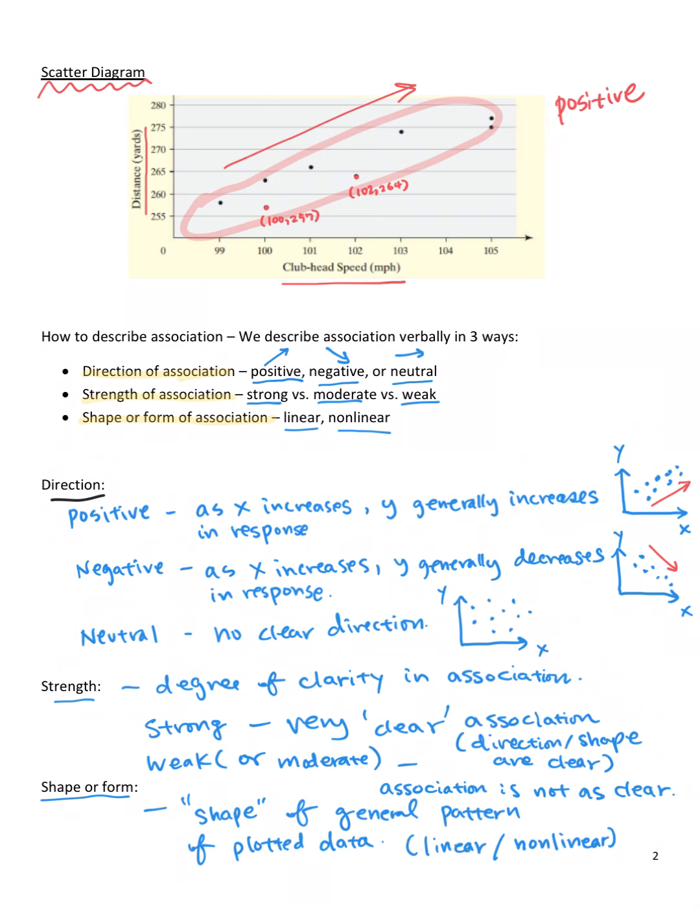So it's a strong, positive, and I would also say that the association is probably linear, okay? So a strong, positive, linear association between club head speed and distance.